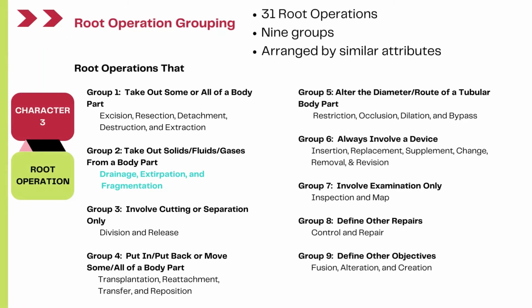As you all know, there are a total of 31 root operations in the medical and surgical section, and these root operations are divided into 9 groups based on similar kinds of procedures or procedures with similar attributes. Today, we are looking at the second group of root operations, which talk about root operations that take out solids, fluids, or gases from a body part.